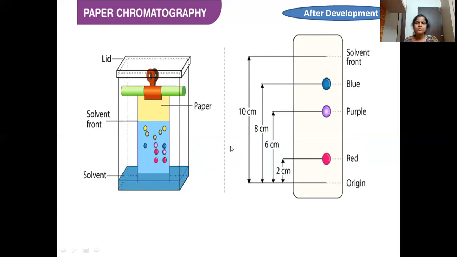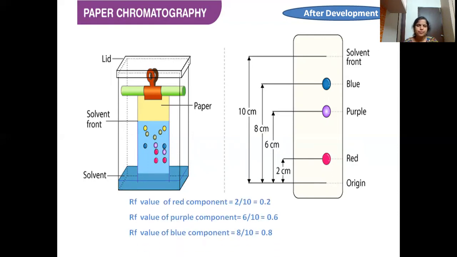Now we have to calculate the RF values. As we know, the formula for calculating RF, the retardation factor or retention factor, is the distance traveled by the component divided by the distance traveled by the solvent.